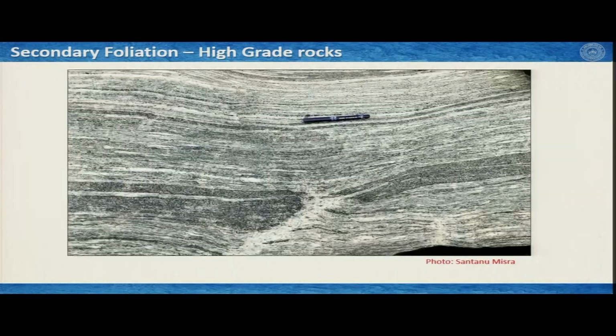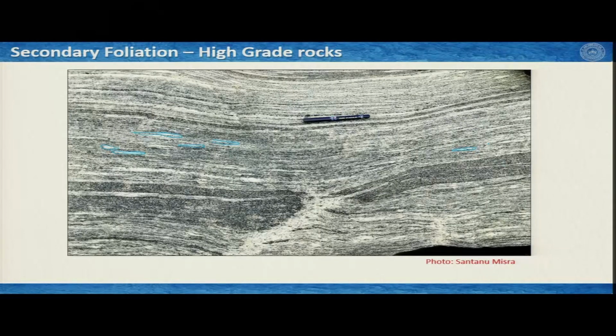You can also see in the next slide where you can figure out that this actually is a fantastic secondary fabric, and here as well you see this kind of elongated clasts. We learn later that these are parts of the pinch and swell structures or flattened clasts.